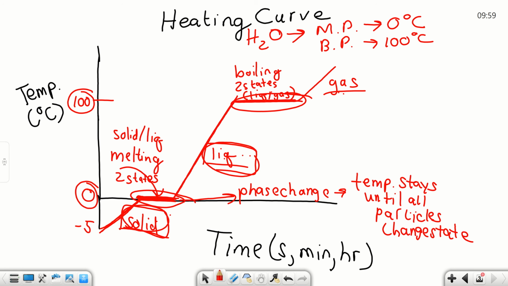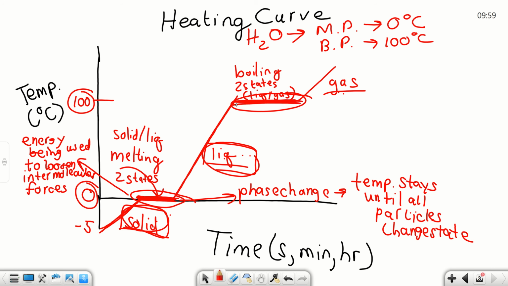To get more technical with it, which you don't really need to know so much in physical science, what's going on is the energy is being used to loosen what are called intermolecular forces. That's at melting.